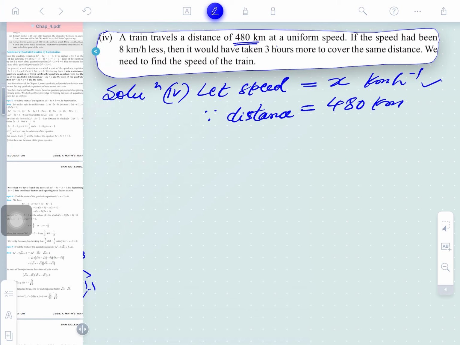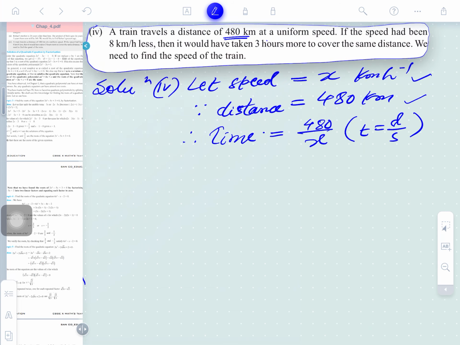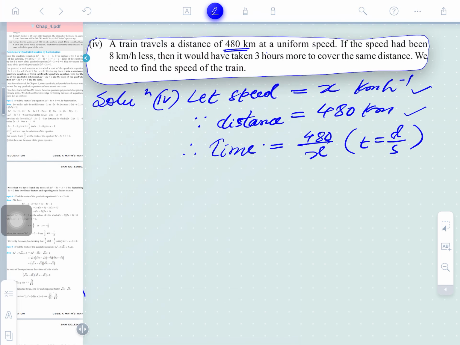So, from speed and distance you can find the third quantity, the time. Time t is equal to distance upon speed. Is that clear? Distance upon speed.